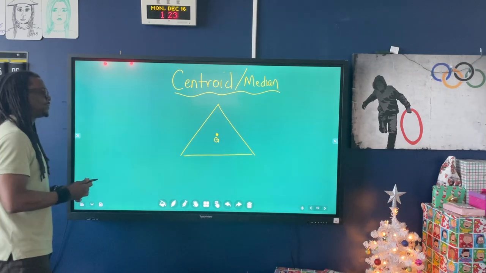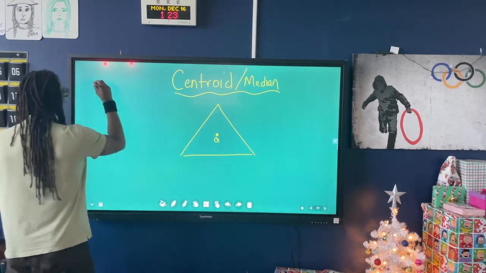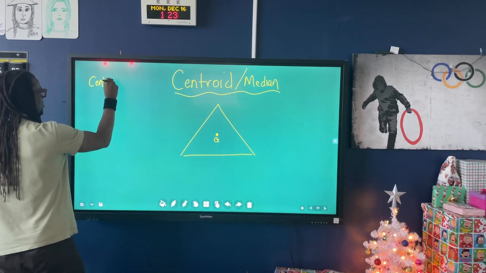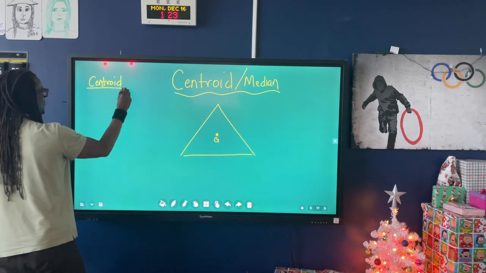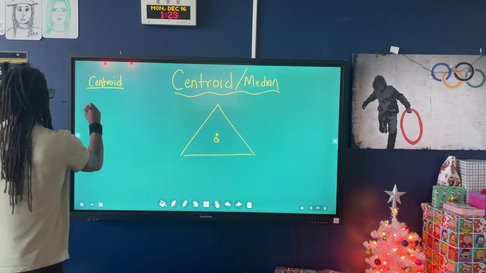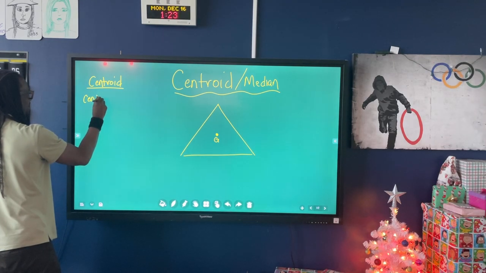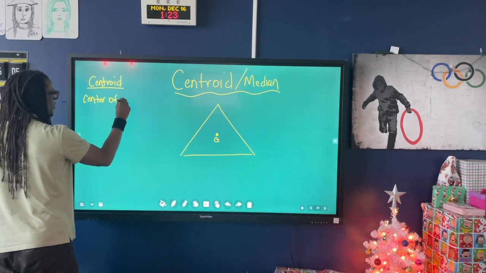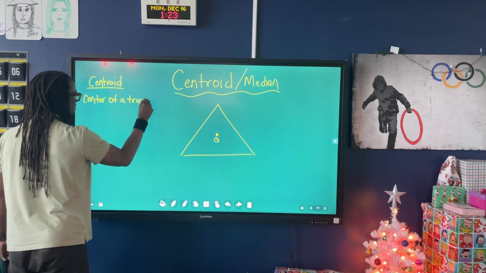What's the centroid of a triangle? Well, by definition, the centroid is the center of a triangle, one term that you'll hear.